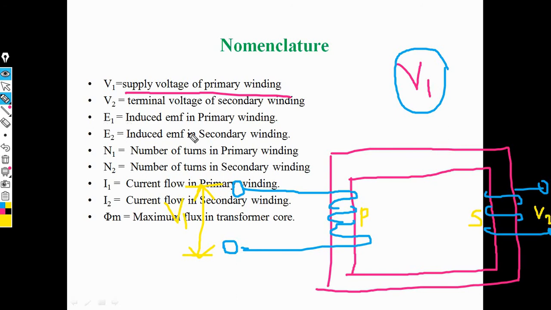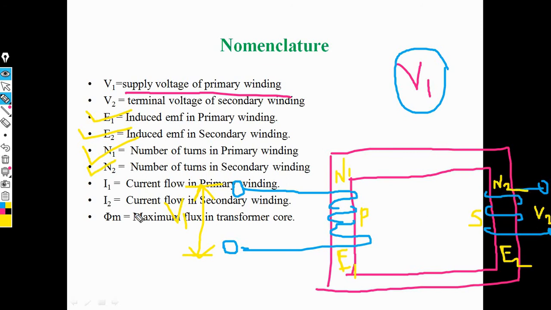Then E1 is the induced EMF in the primary winding, and E2 is the induced EMF in the secondary winding. Then the number of turns in the primary winding is N1, and the number of turns in the secondary winding is N2.